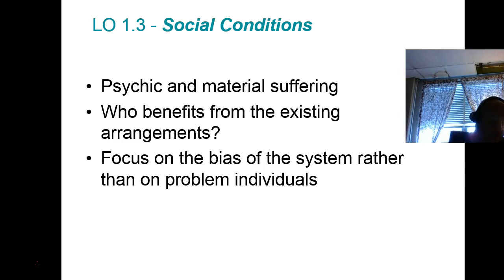So a social problem is a societally induced condition that causes psychic and material suffering for any segment of the population, and acts and conditions that violate norms and values of society. The distribution of power in society is the key to understanding these social problems.